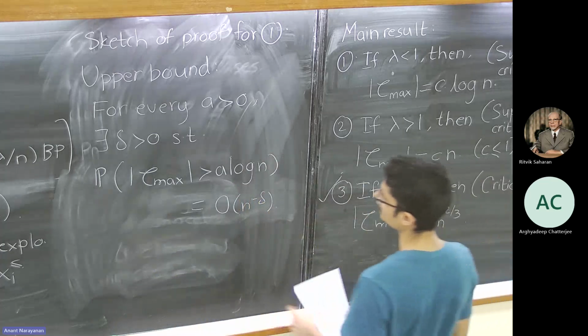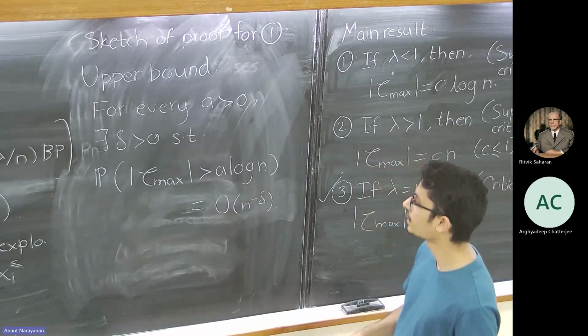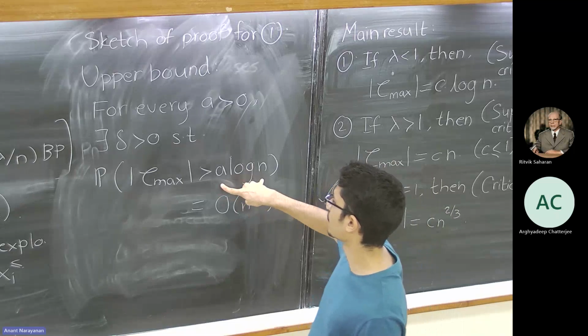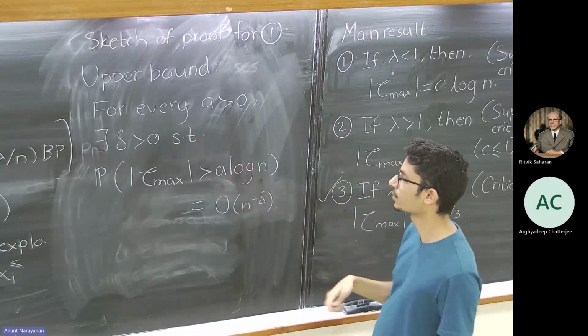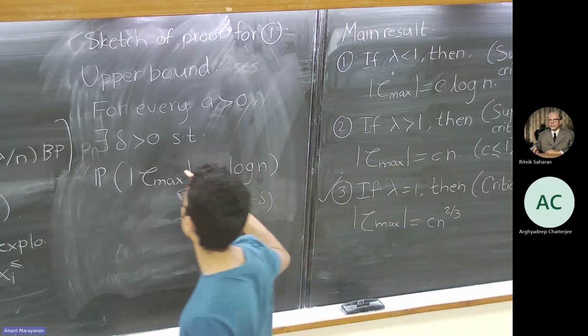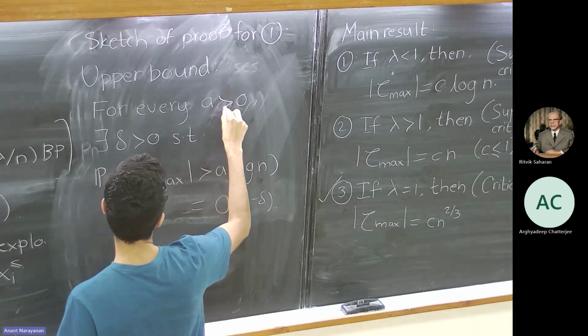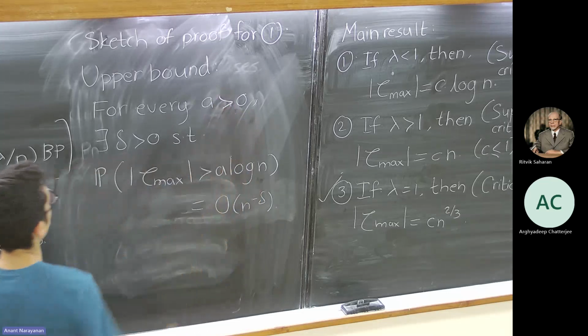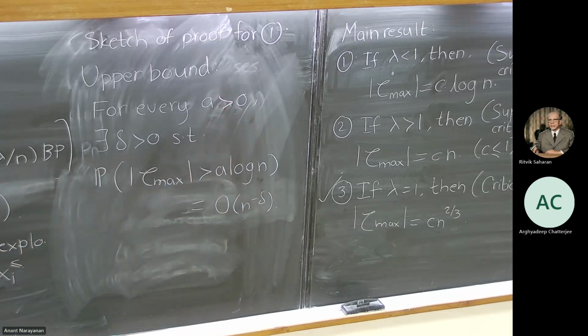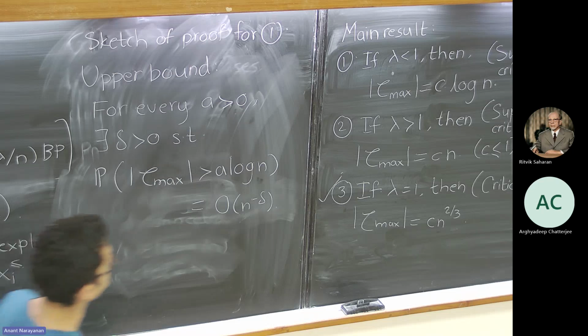So as n increases, this will approach 0. That will tell you that it can't be much bigger than log n. This A is not exactly greater than 0, but we'll see what it is. I'll change it as we proceed.